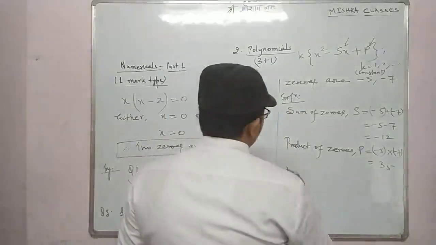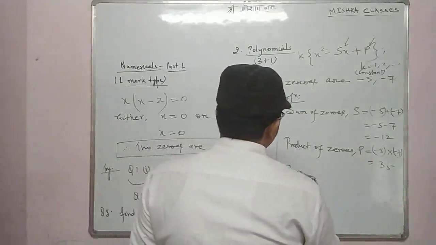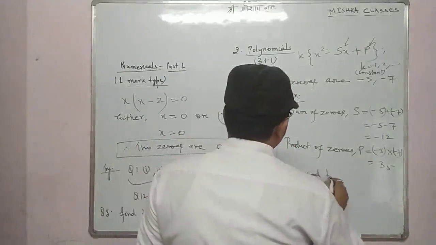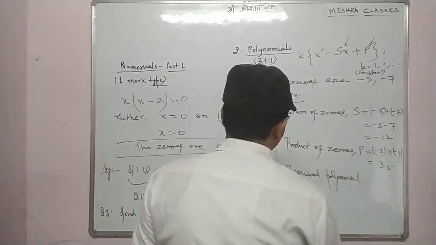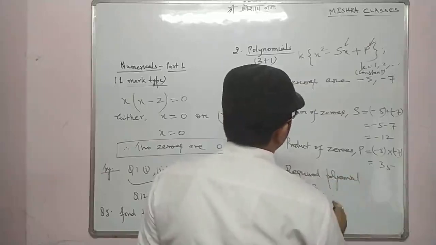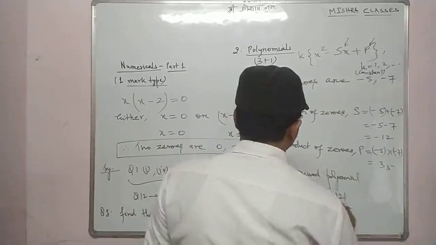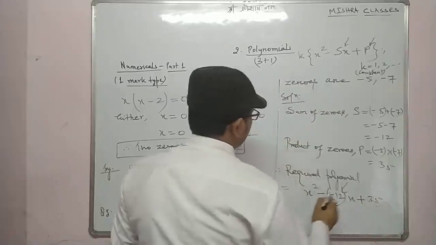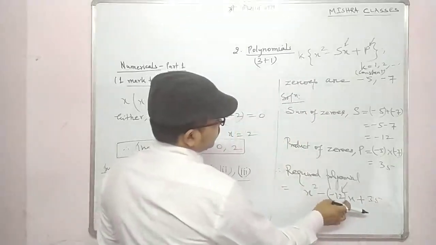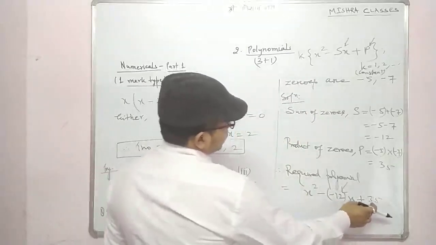Now we'll do the required polynomial. Therefore, required polynomial equal to x square minus sum, what is it? This one, plus product, what is it? 35. x square minus sum of the zeros is how much? Minus 12. Product of the zeros is how much? 35.